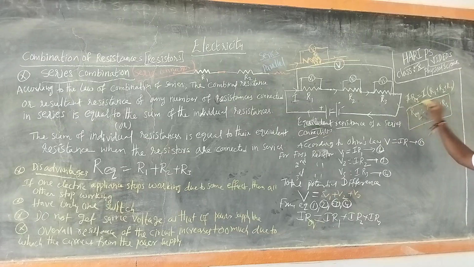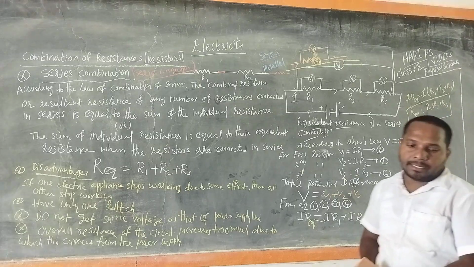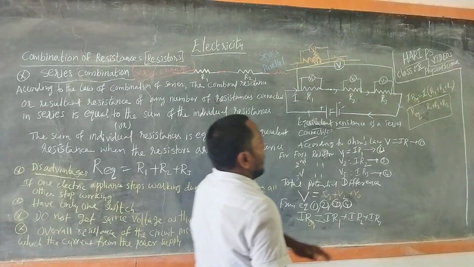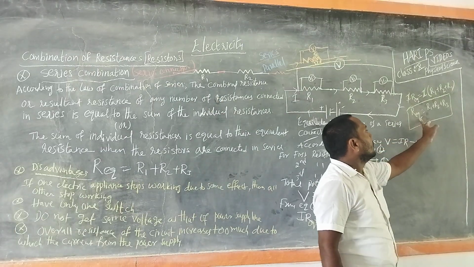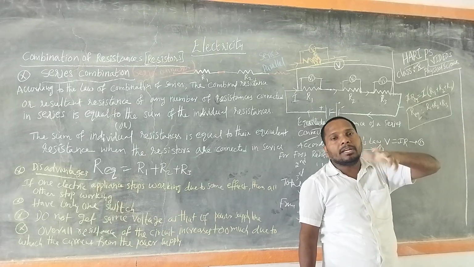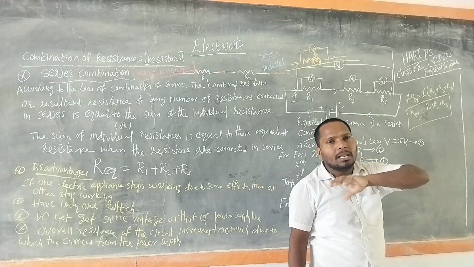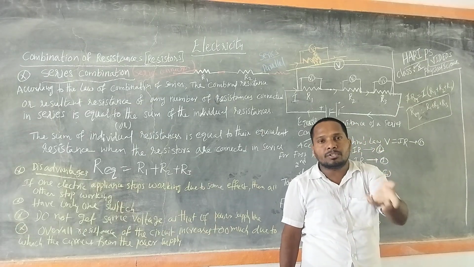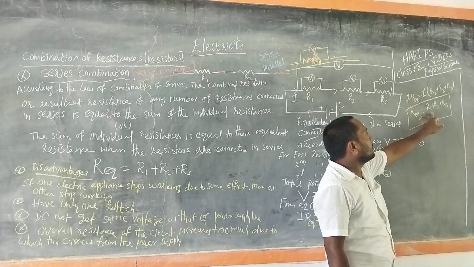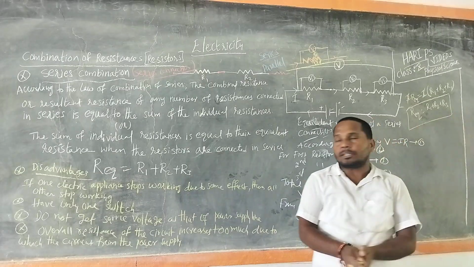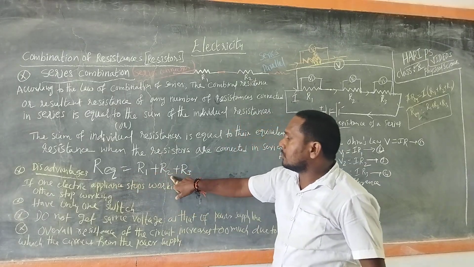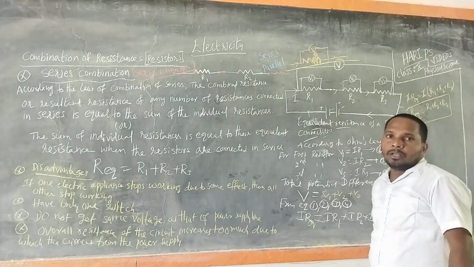So the resultant or equivalent resistance Req is equal to the sum of the individual resistances or the individual resistors. Req is equal to R1 plus R2 plus R3.